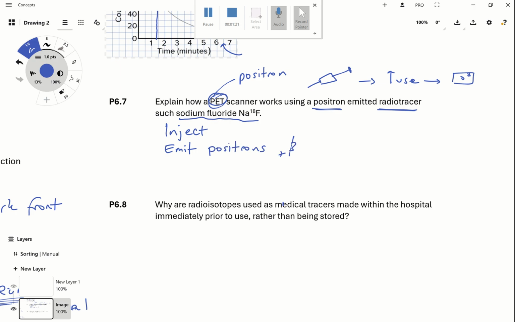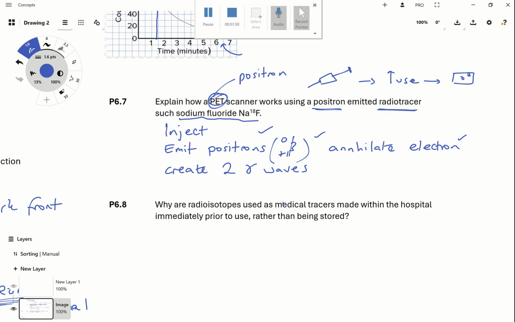So it's going to emit positrons. These are then going to annihilate an electron. This will create two gamma waves, or two doses of gamma radiation.